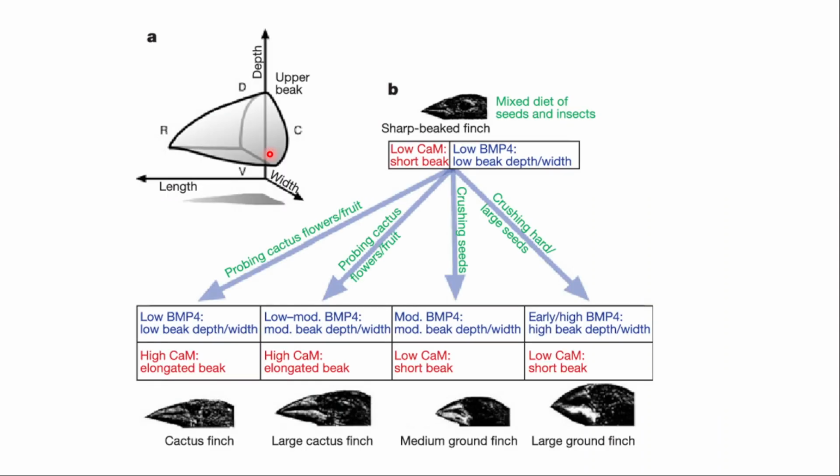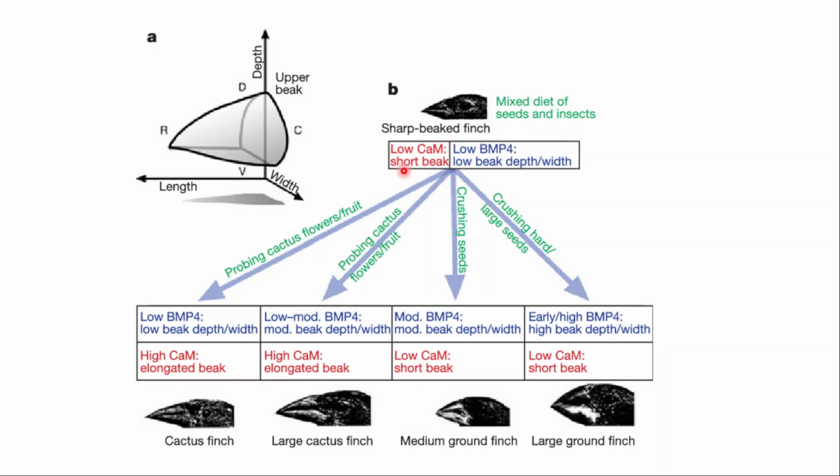If you remember this diagram, on the left in panel A we have beak size. Beak size has three dimensions: length, width, and depth. The sharp-beaked finch has a mixed diet of seeds and insects.